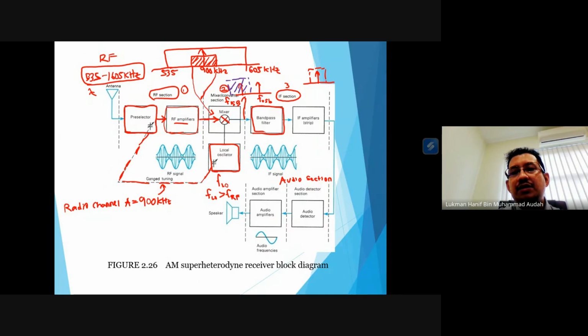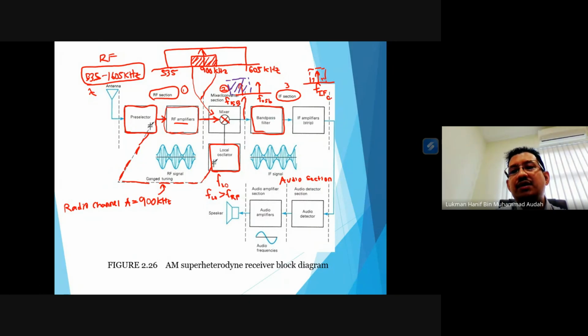So this is going to be the FIF, the intermediate frequency, at the center. Of course, there's another spectrum over here, which I will explain later.